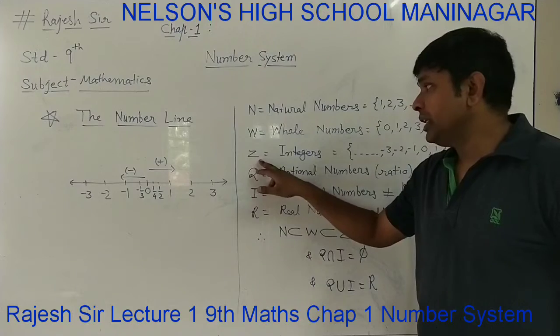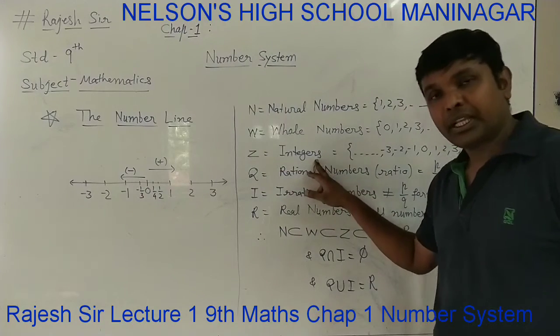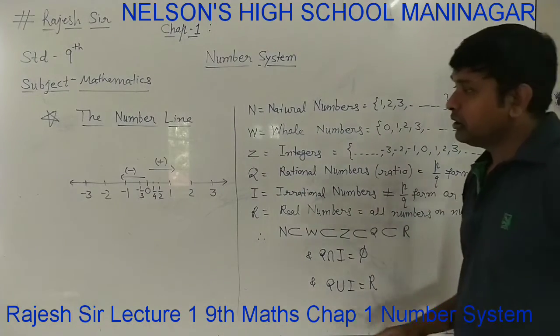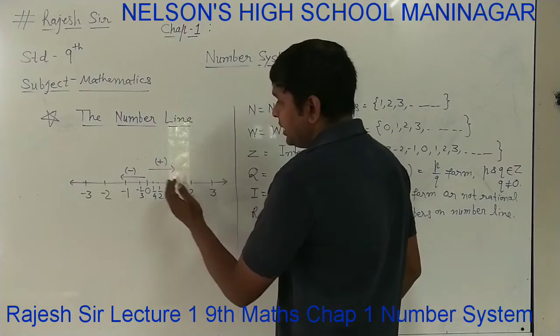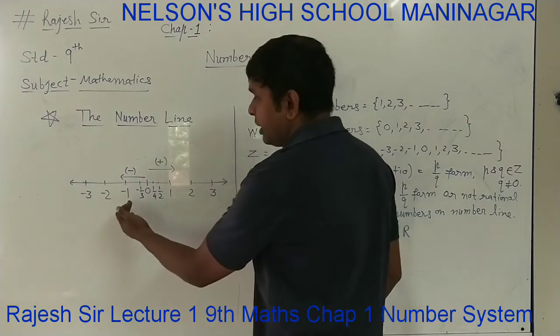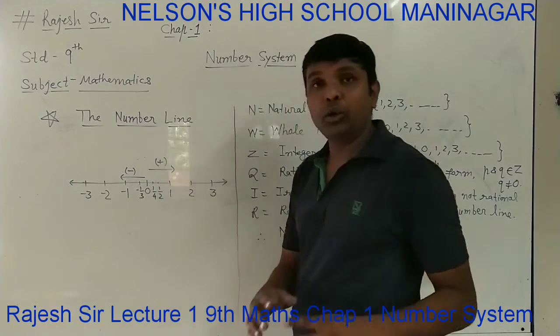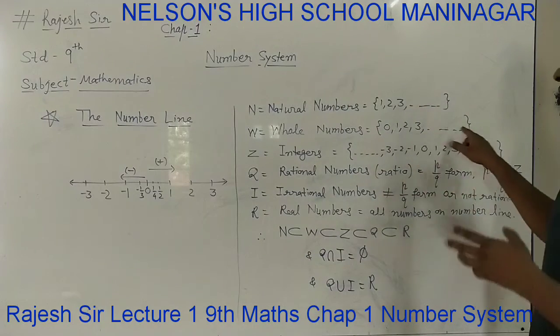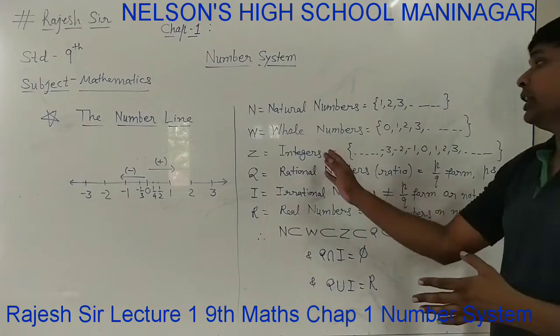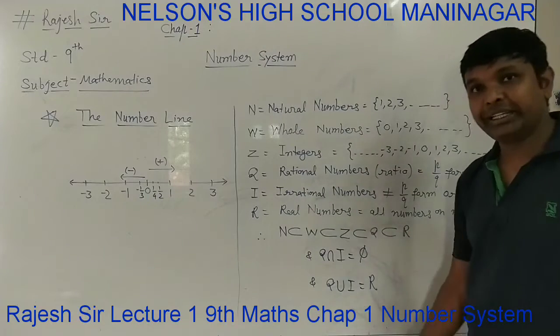Z denotes the set of integers. In that, like in the number line, 0, 1, 2, 3 on the right side and on the left side -1, -2, -3. All whole numbers we have to take here, but in whole numbers we are taking only positive numbers. Here we have to take negative numbers also in integers.